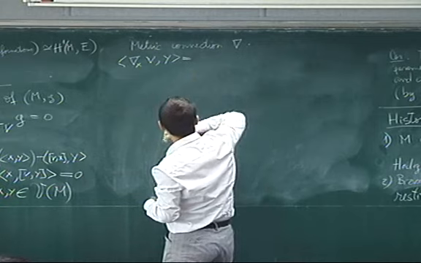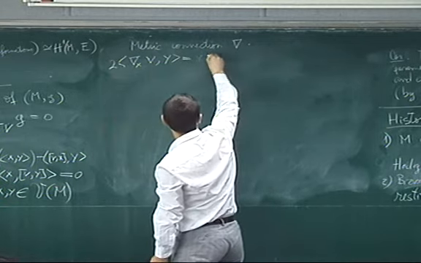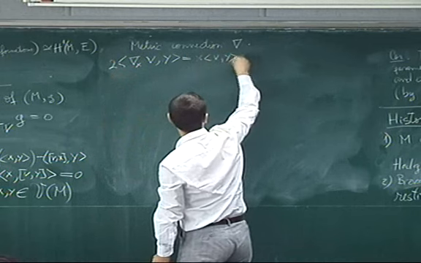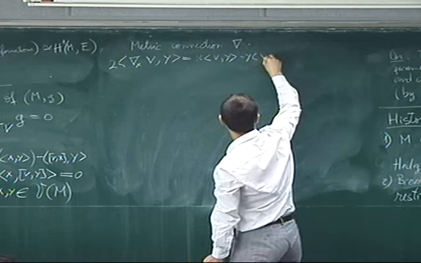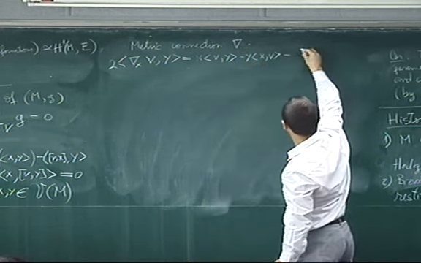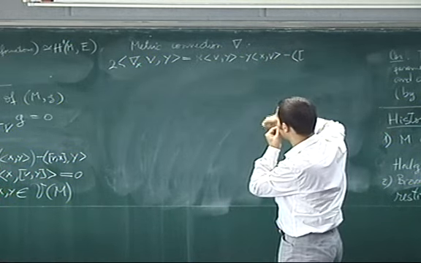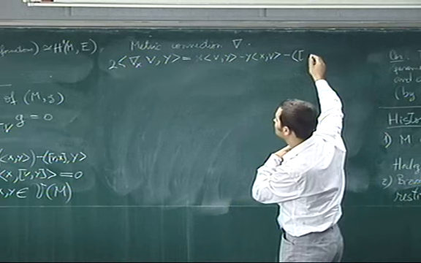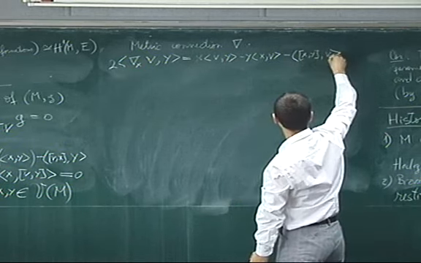So we notice that this is, if we put a 2 in front of it, X derivating g(V,Y) minus Y derivating g(X,V) minus g([X,Y],V).